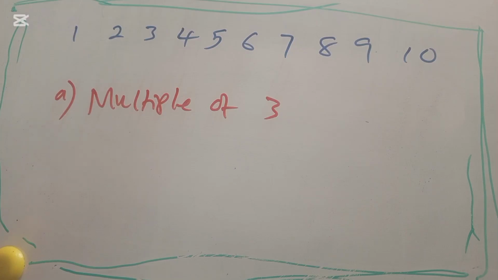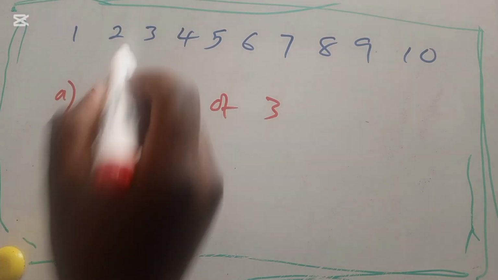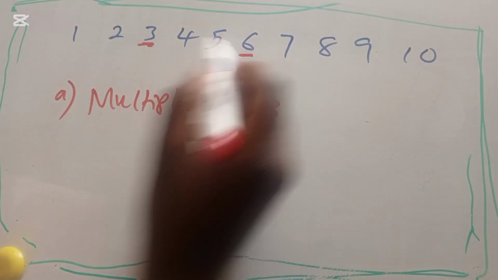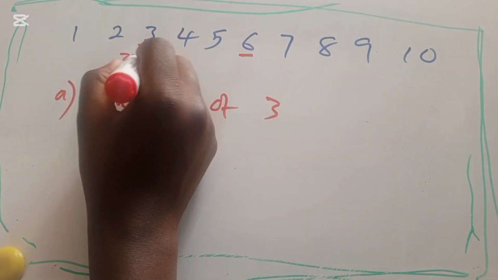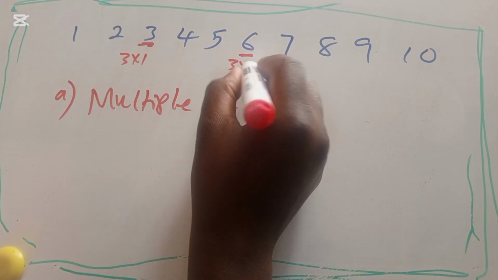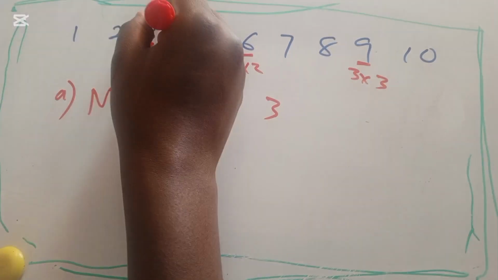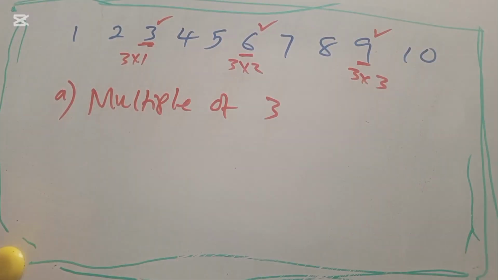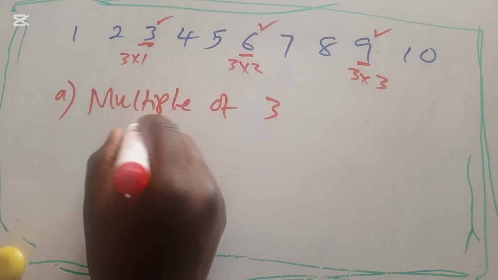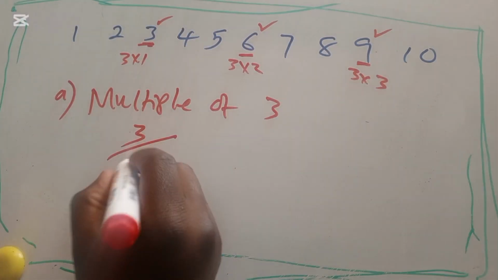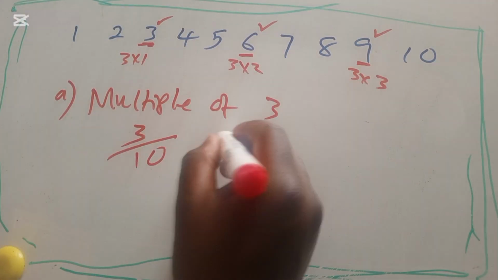So you need to find all numbers that can be divided by 3. 3 is a multiple of 3, so don't ignore it, because this one is 3 times 1, this is 3 times 2, and this one is 3 times 3. So how many multiples of 3 do you have? You have 3, out of 10 possible outcomes, and this is your answer.